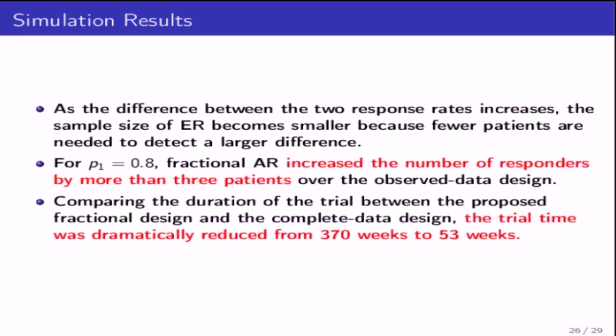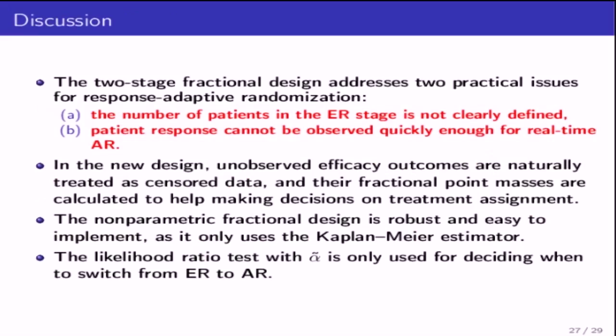So that's another set of interpretations. For P1 equals 0.8, the fractional AR increased the number of responders by more than 3 patients over the observed data. And the last point is the trial time was dramatically reduced from 370 weeks to 53 weeks. So by using a fractional design, you are not going to prolong the trial time.